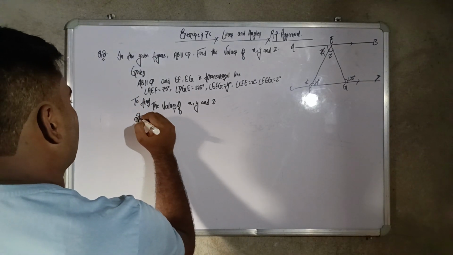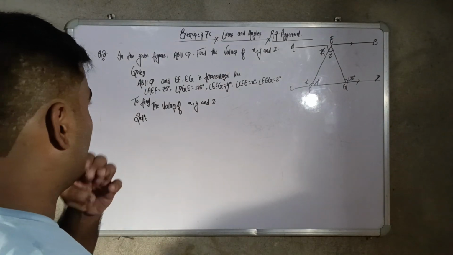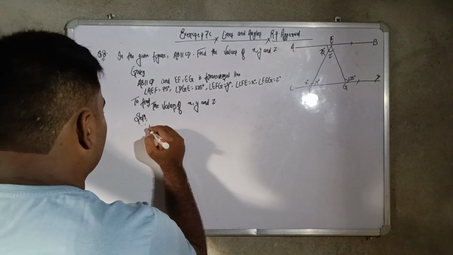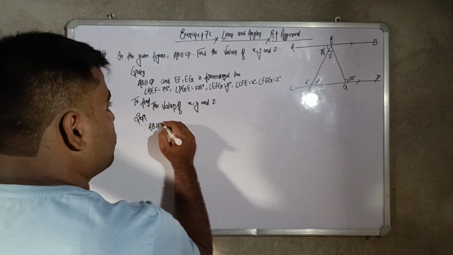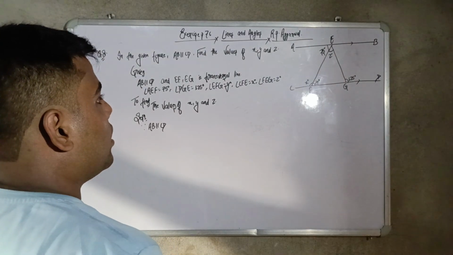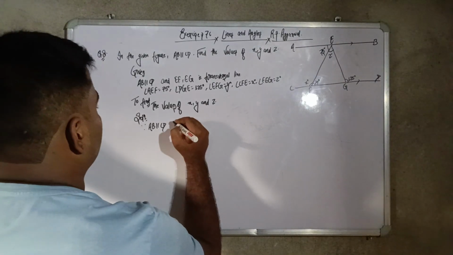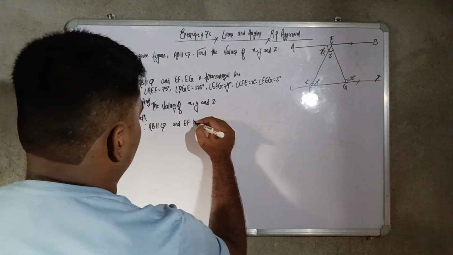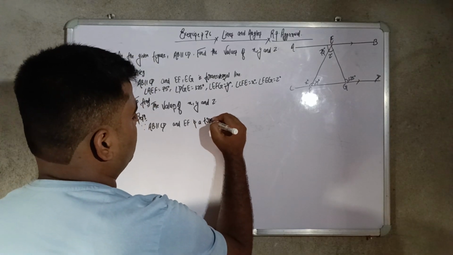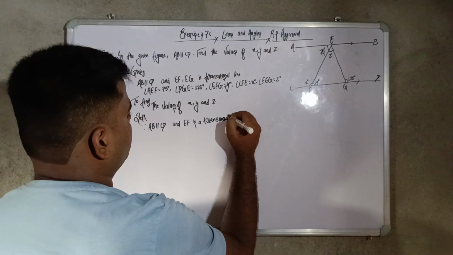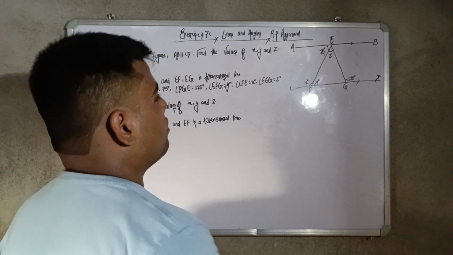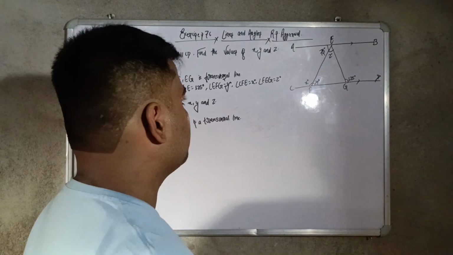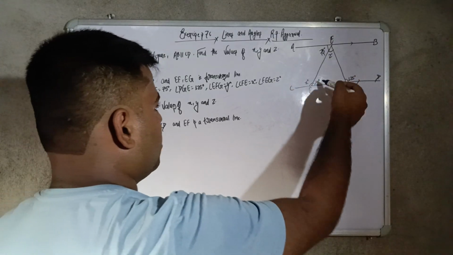Here is the solution. Since AB is parallel to CD, and EF is a transversal line, then 75 is equal to y.